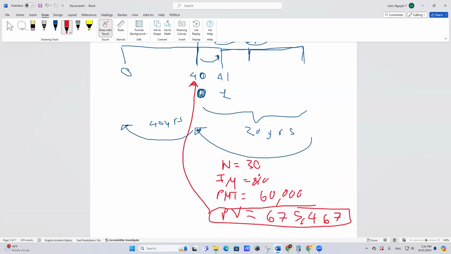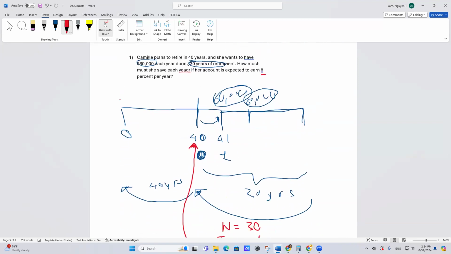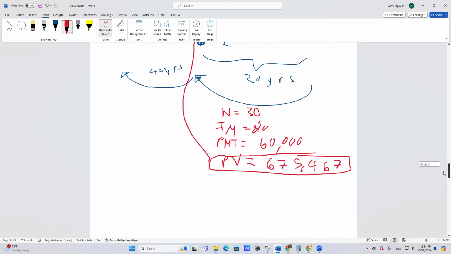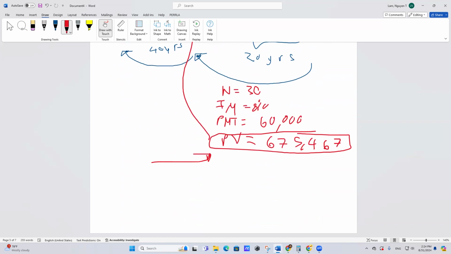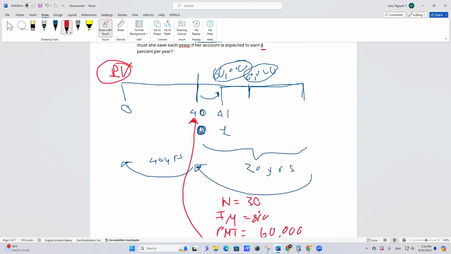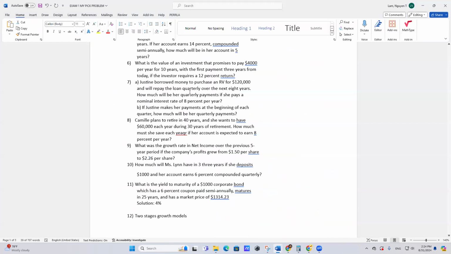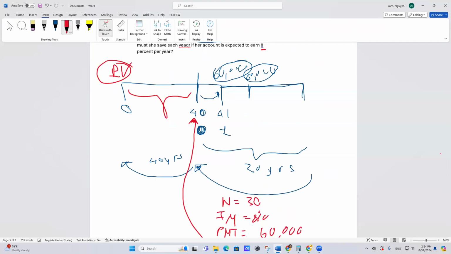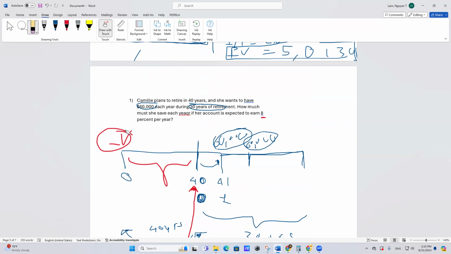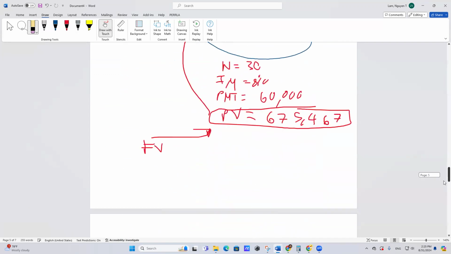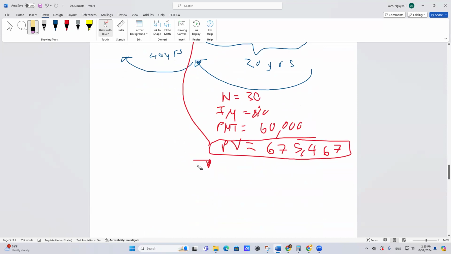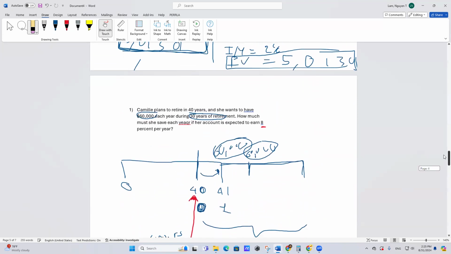This present value is at year 40. However, if it asks you to find the present value at this time, then you know that you have to convert it into a future value, and then compute this present value, right? Of how many years? 40 years, 40 periods. However, in this question, it doesn't ask that. In most cases it asks that, but in this case, it asks you to find what?